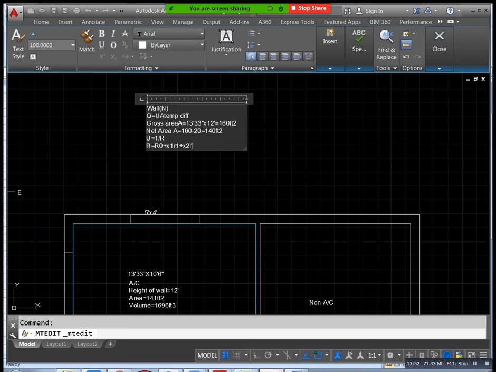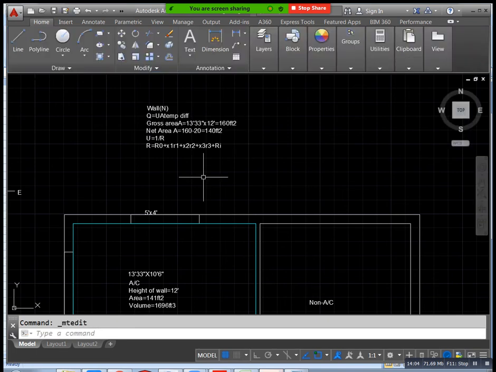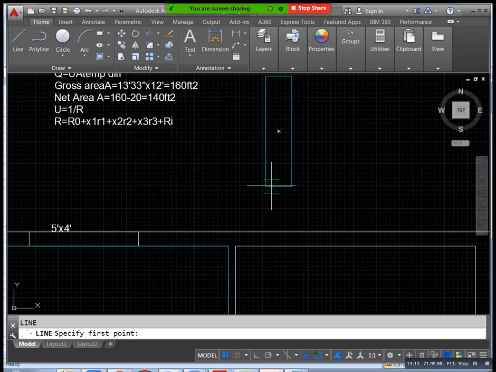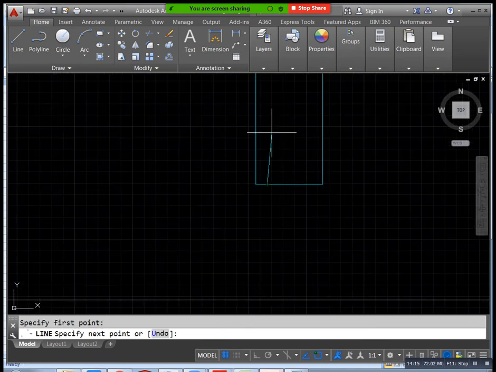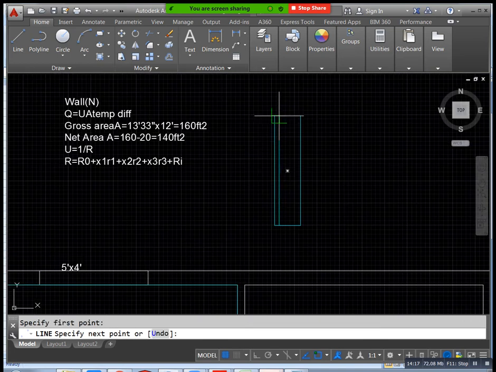How, sir? Just see, this is our wall. In this wall condition we can see the outer finishing. This is the outer finishing. Now I can select this one and mirror it. This is the inner finishing. See, this is finishing 1, finishing 2. Now you can mention text, copy, and place one here, one here.